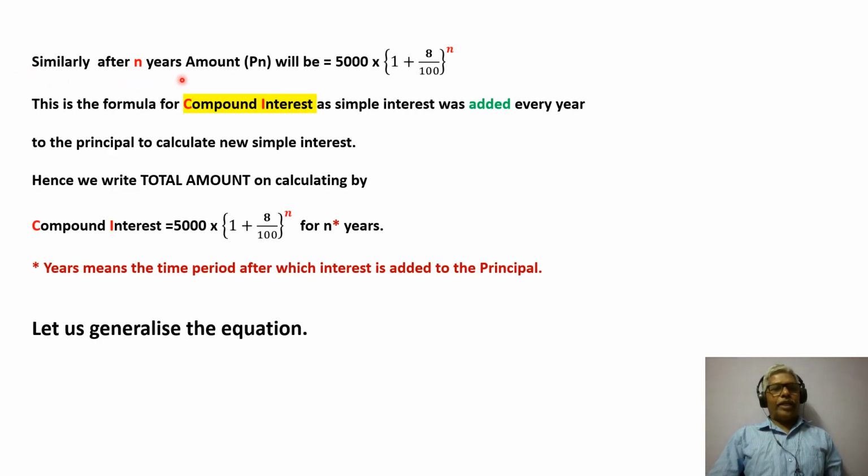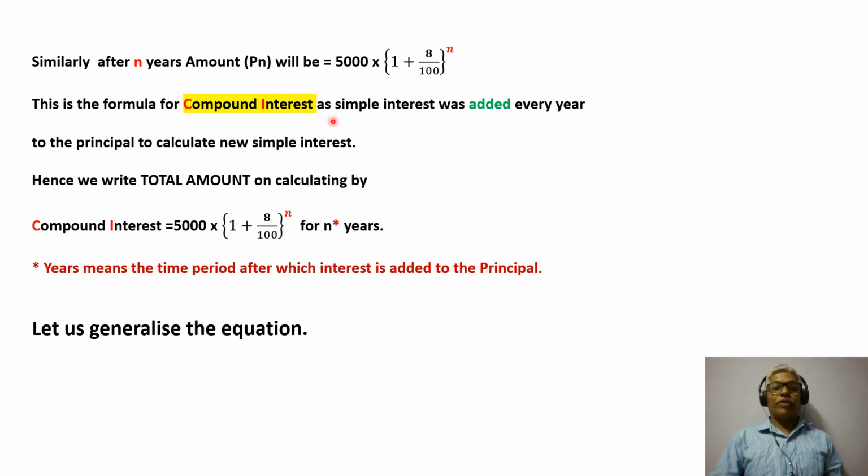Similarly, after n years, amount Pn will be 5000 into this bracket (1 plus 8 upon 100) raised to n. For 2 years this n was 2, for 3 years this n was 3, naturally for n years that will be n. This is the formula for compound interest. We have derived this formula, and that is for compound interest.